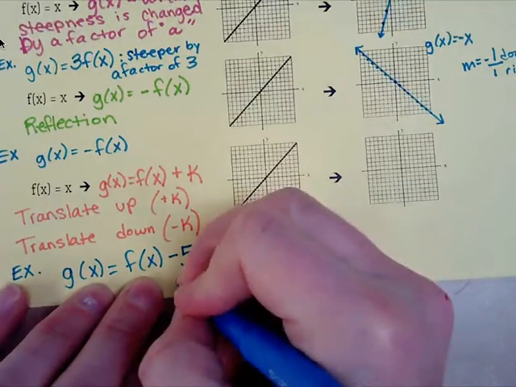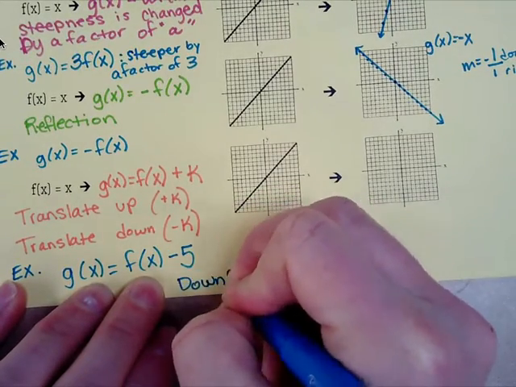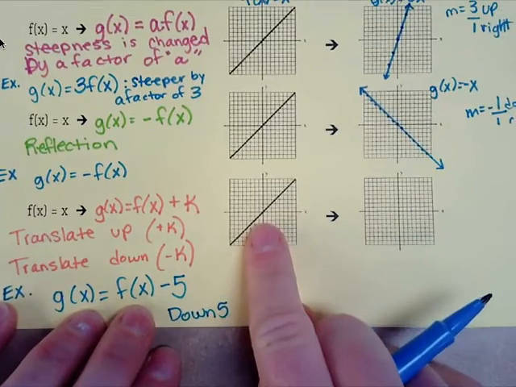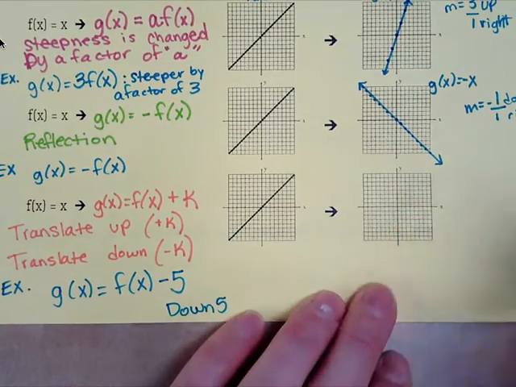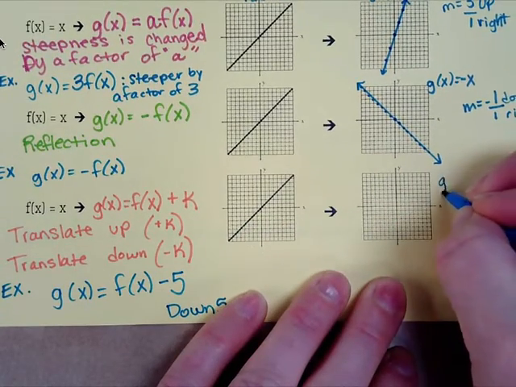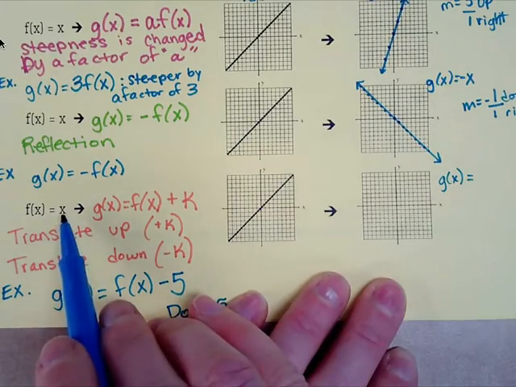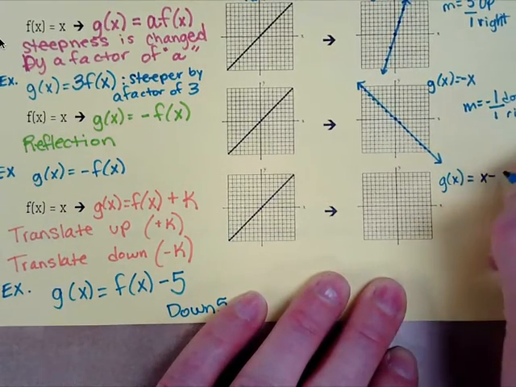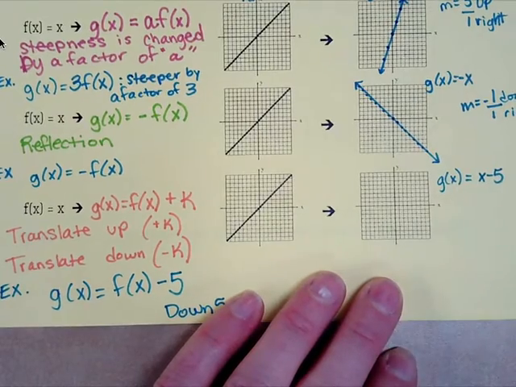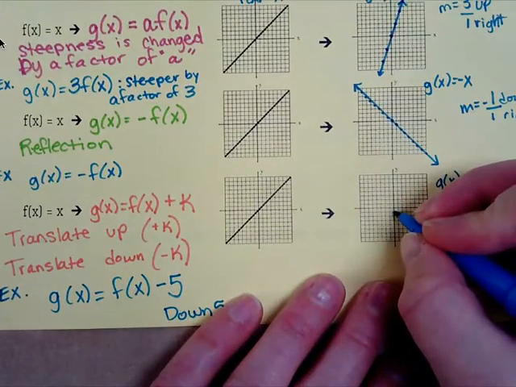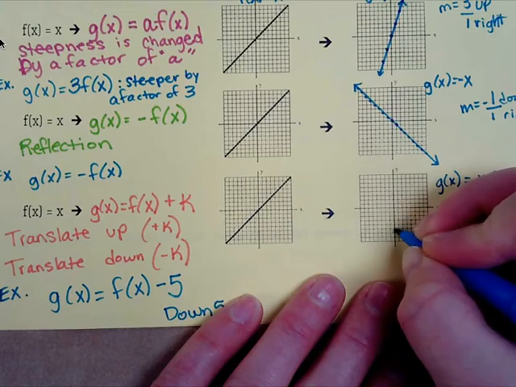Down 5. So here's our original f of x equals x. So this one is going to be g of x equals whatever f of x is, which is just x minus 5. So that means I'm going to go down 1, 2, 3, 4, 5.